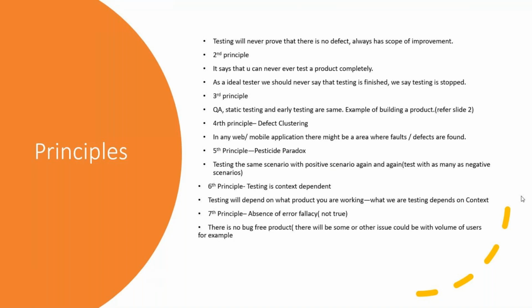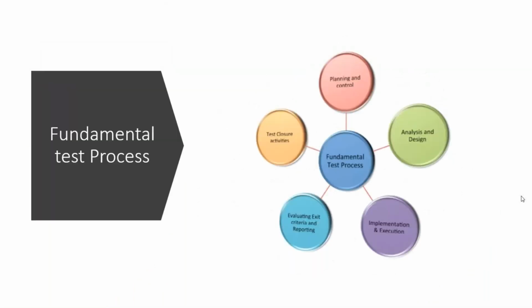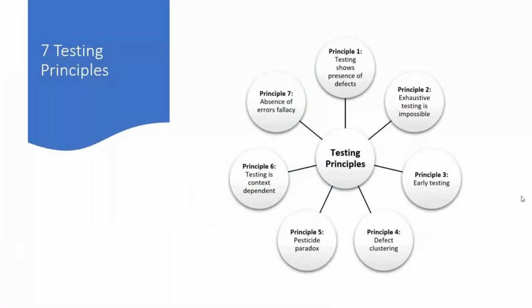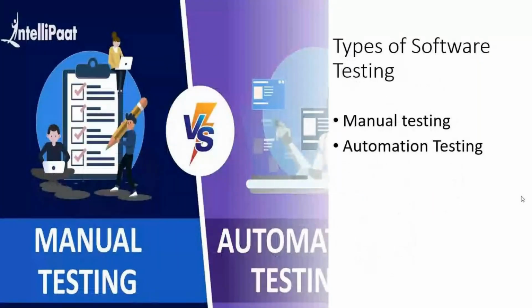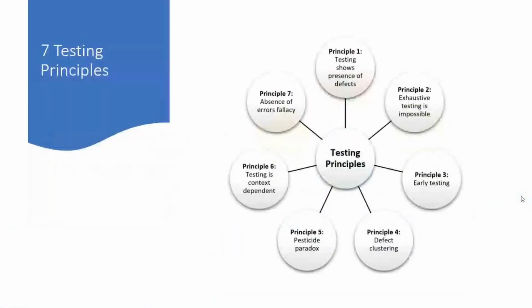Okay, understood the second terminology? Exhaustive testing is impossible. And the third principle is early testing. So in the last example, where the requirement was a TV, but we gave a fridge, when we are doing early testing, at the requirement stage only, we are trying to stop that error from becoming a defect and a failure.